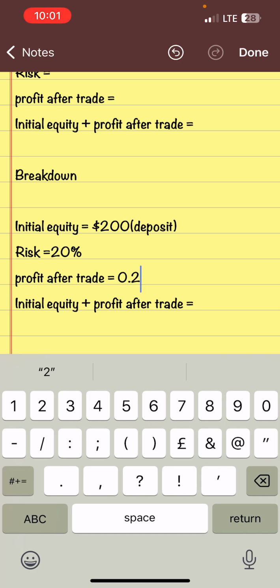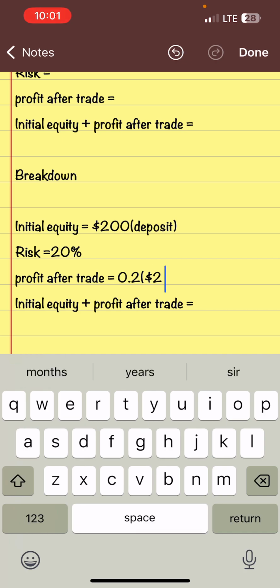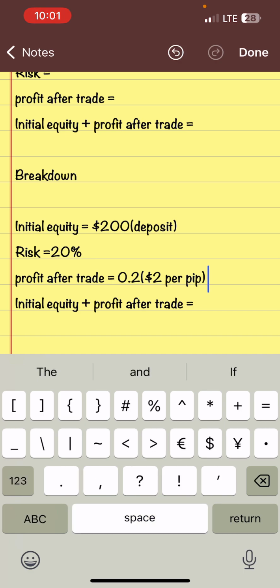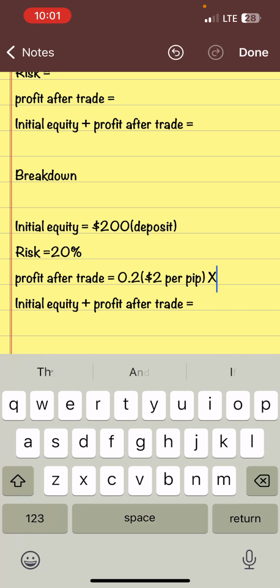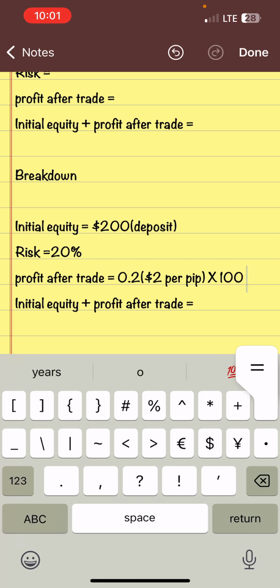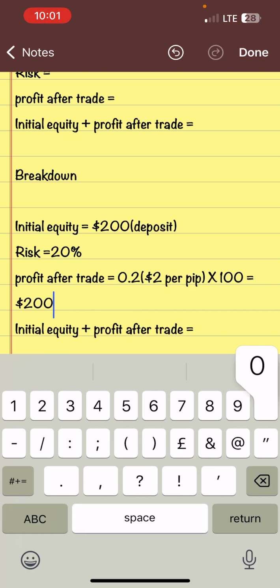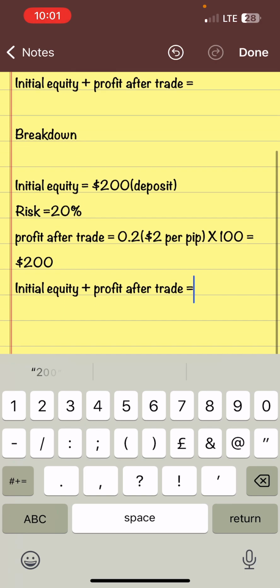That's $2 per pip times, assuming now you are making, let me just cap it at 100 pips a week. So 0.2 lot, $2 per pip, you'll be gaining $200 per week. All right.